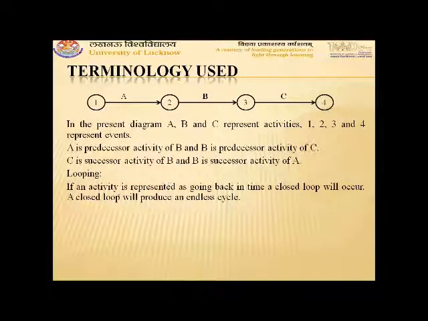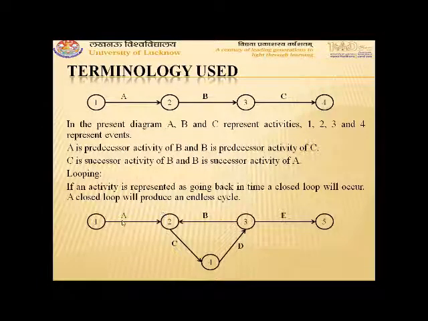Now we come to looping. If an activity is represented as going back in time, then a closed loop will occur. This closed loop will produce an endless cycle. For example, let us consider this diagram. First, activity A goes from event 1 to 2. Then activity C goes from event 2 to 4. Then activity D goes from event 4 to 3.